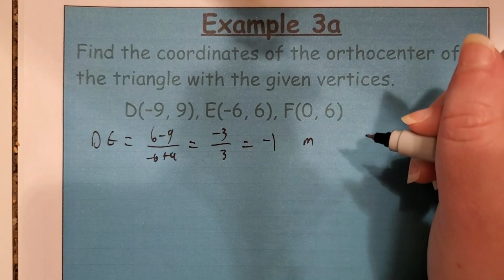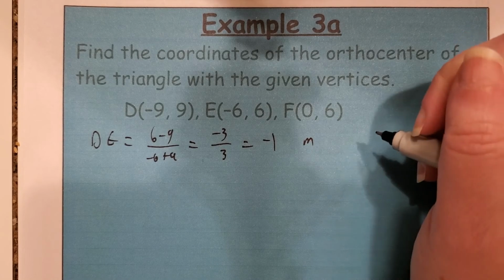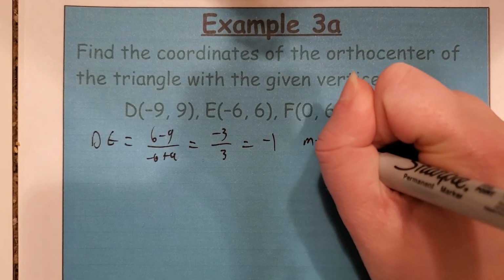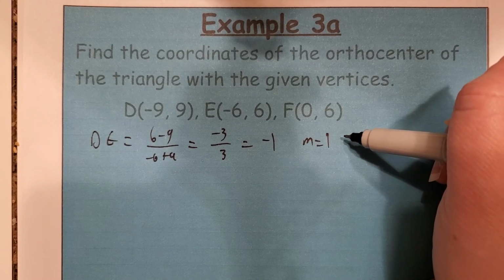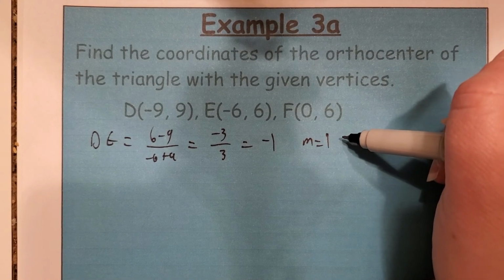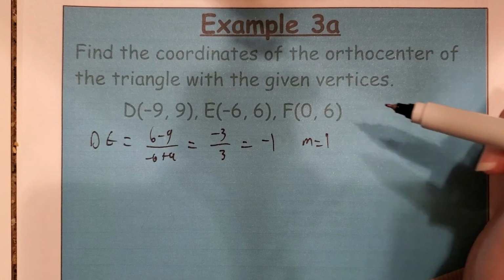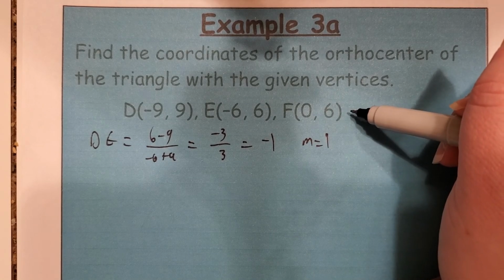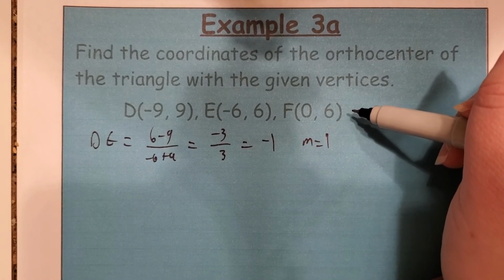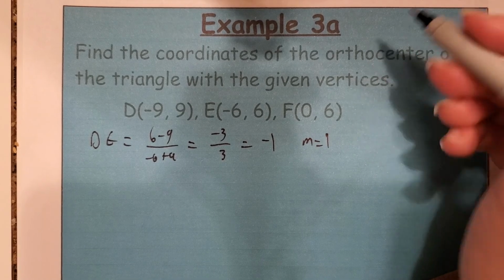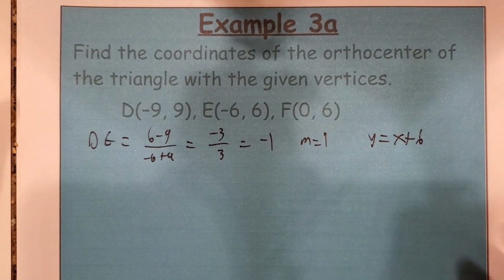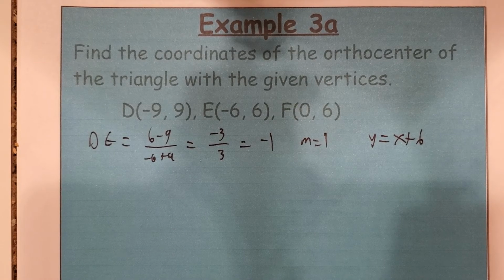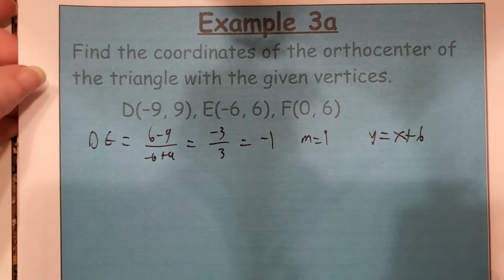So the slope we're using to write the equation is the opposite reciprocal, which is 1. We're writing the equation of the line with this slope that passes through the remaining point, which is F. And this one's really nice because (0, 6) is a y-intercept by definition. The x value is always 0. So y equals x plus 6. And that altitude to DE was really easy.